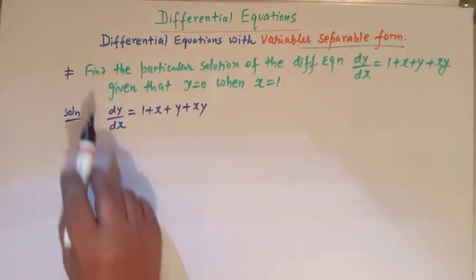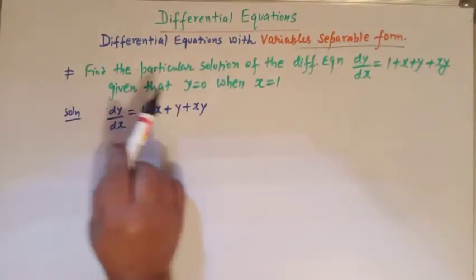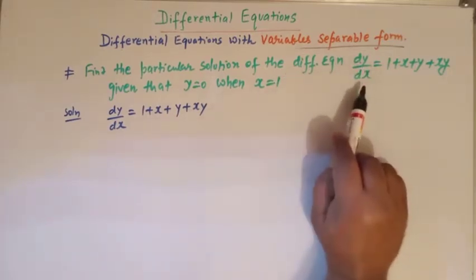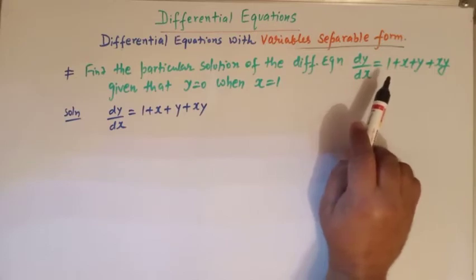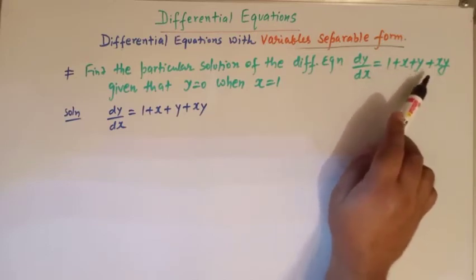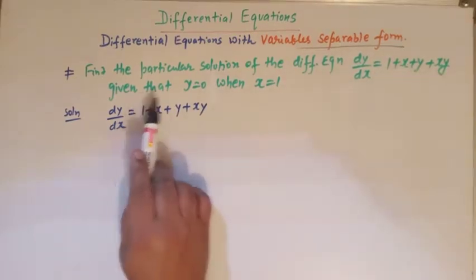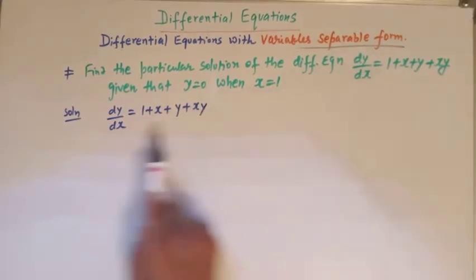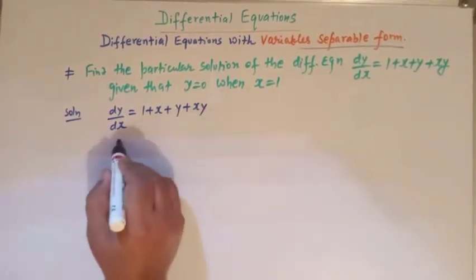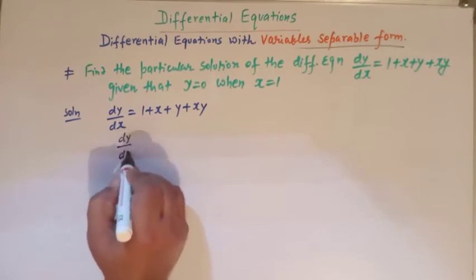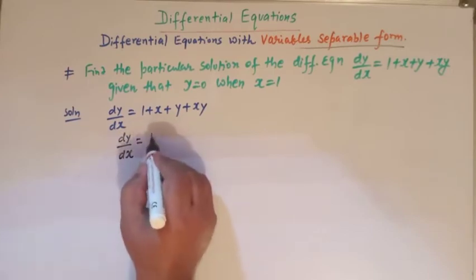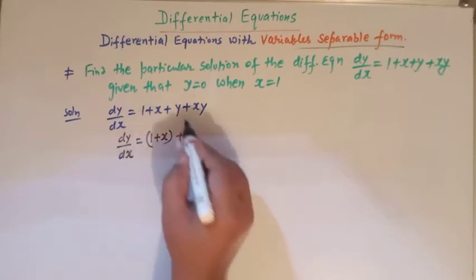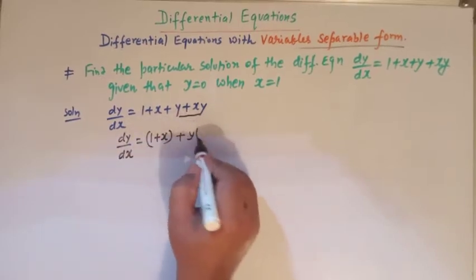Now viewers, let us take this problem. Find the particular solution of the differential equation dy by dx is equal to 1 plus x plus y plus xy, given that y is 0 when x is equal to 1. So we have this differential equation. Let us write it as dy over dx equals 1 plus x. Let us group the terms here and take y common from these two terms.